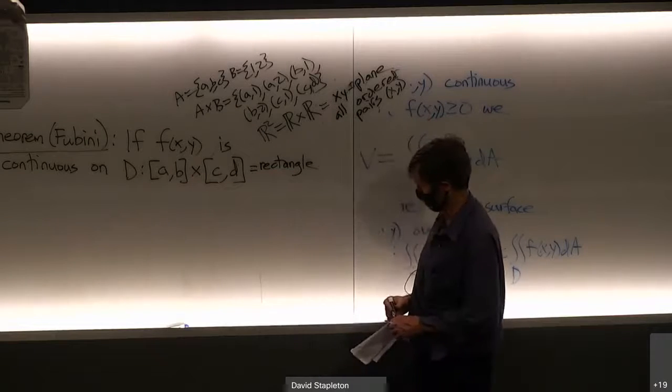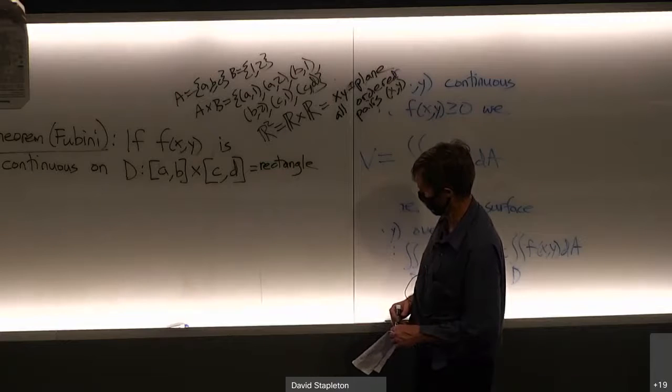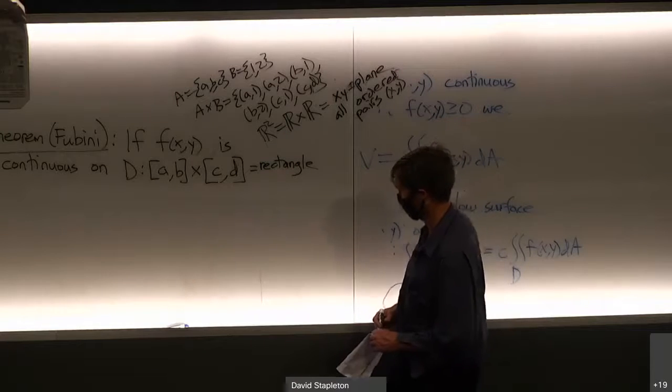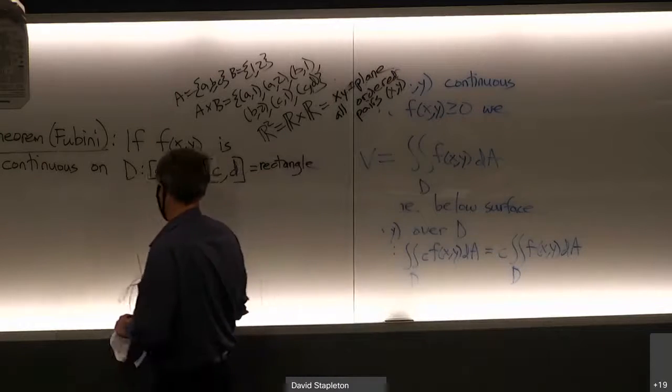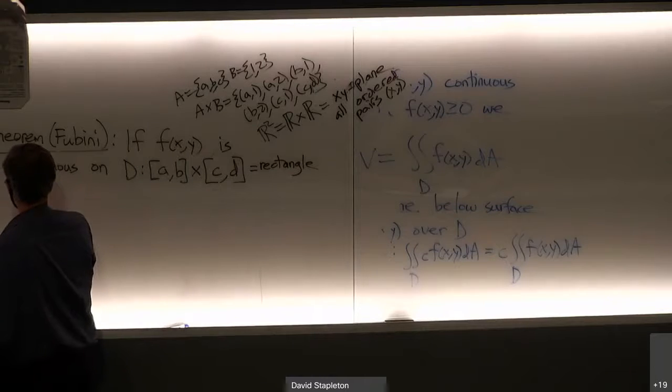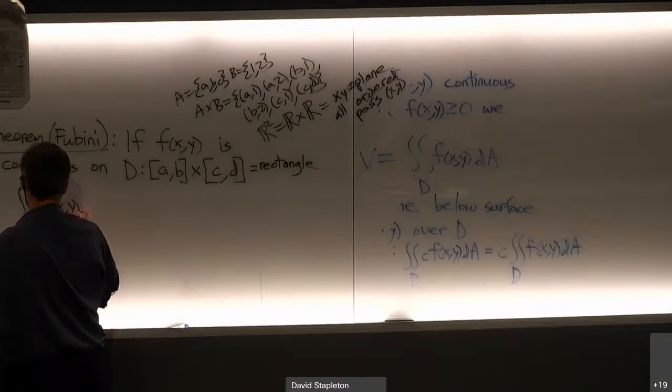Suppose our domain is a rectangle, x going from a to b and y going from c to d, and f is continuous on that. Then the double integral exists over D as defined, the limit of that sum of all those rectangular boxes.